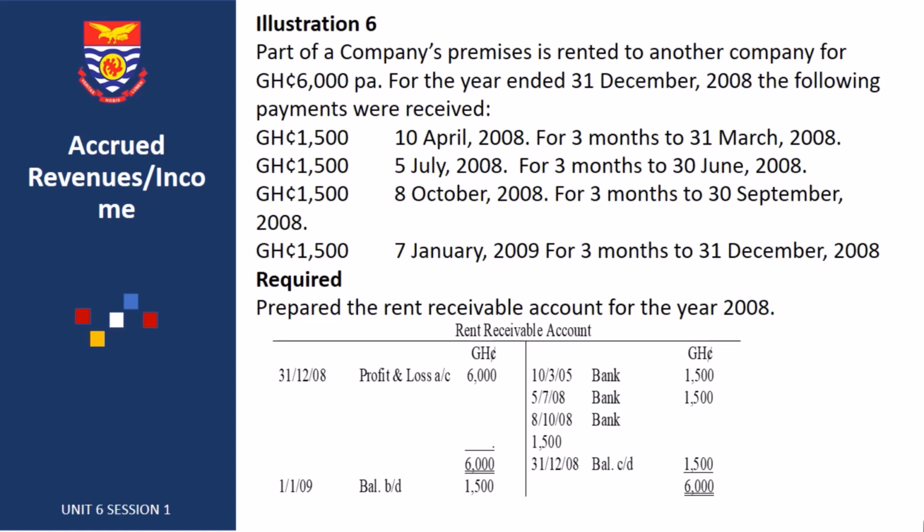So the rent receivable account is an income, or a revenue account. It's an income account. So increases in that account should be credited whilst decreases are debited.